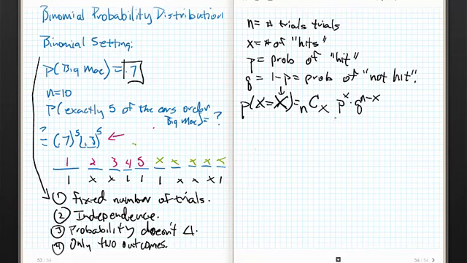Let's go back. Let's define why we have what we have here. All right, so probably most of you are thinking, okay, this makes sense right here. This is the probability of a hit. This is the probability of a miss or a not hit. So those are accounted for. What is this n choose x thingy dingy?